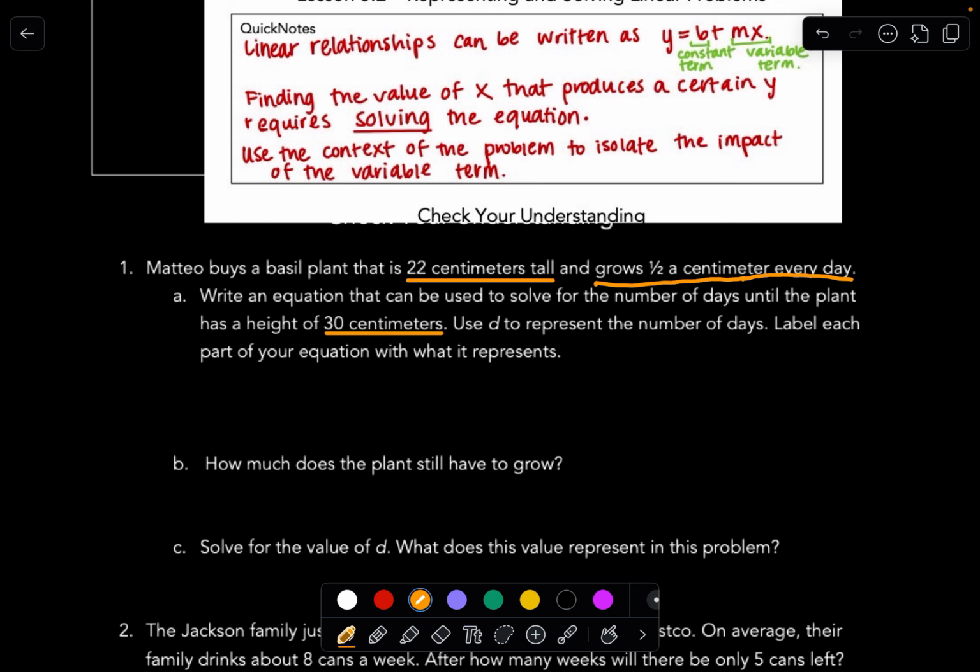So, here it is. 30 equals 22 plus 1/2 times D. This 30 is how tall you want the plant to be.